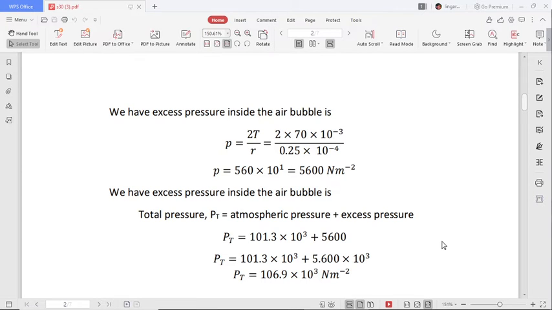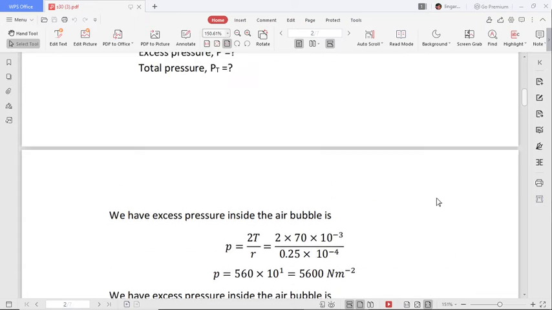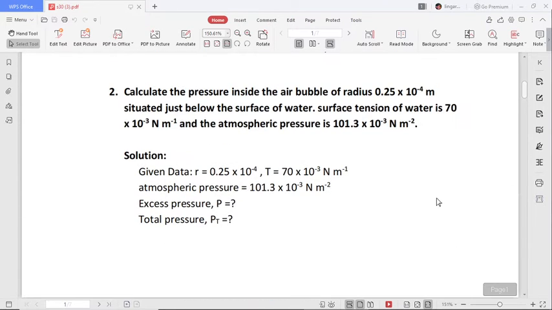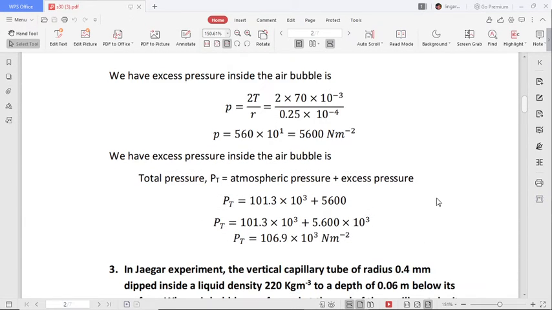Adding these two, PT is equal to 106.9 into 10 to the power 3. So that is the total pressure. Very simple. Only addition and subtraction, and you can get the 5 marks. So what I am telling is, you should concentrate on problems to get very good marks.